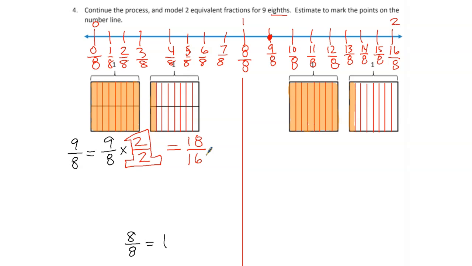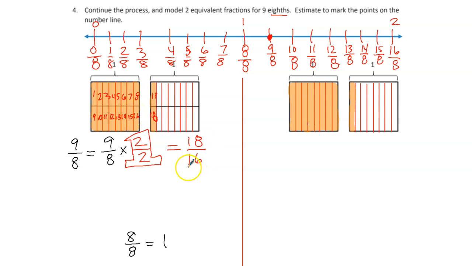Alright, so keep in mind, now we see we have 2, 3, 4, 5, 6, 7, 8 up top, and we'll have another 8 at the bottom. 9, 10, 11, 12, 13, 14, 15, 16, 17, 18 shaded in. Remember, this 16 here is equal to 16/16, which is 1 whole.